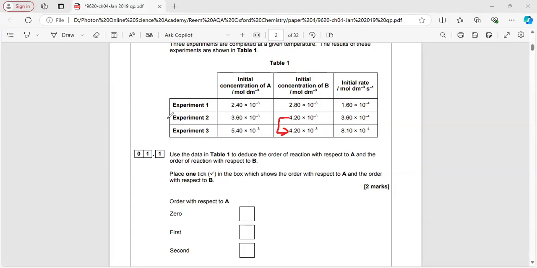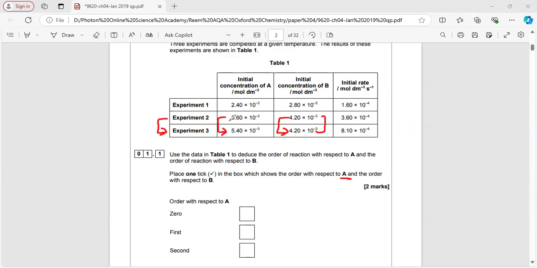So if I choose experiment number 2 and 3 to find the order of reaction with respect to A, why am I choosing them? Because in experiment number 2 and 3, the initial concentration of B is the same and the initial concentration of A is changing.